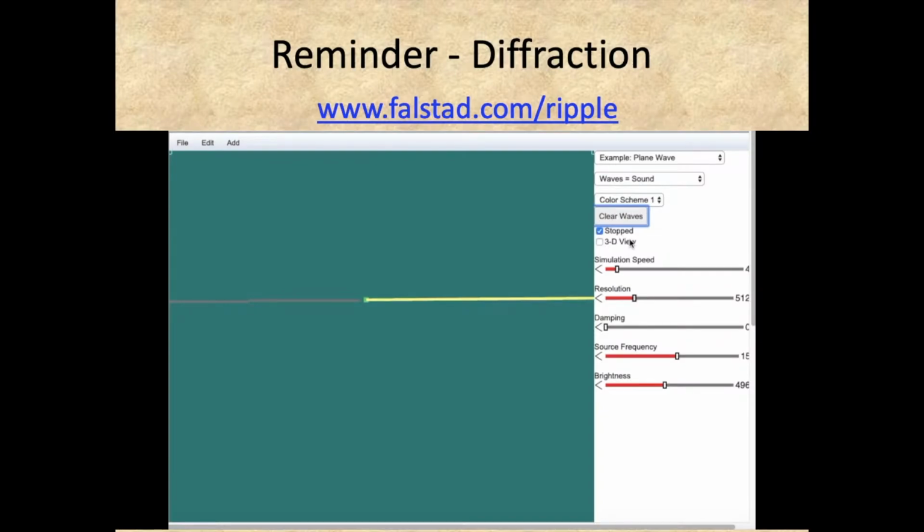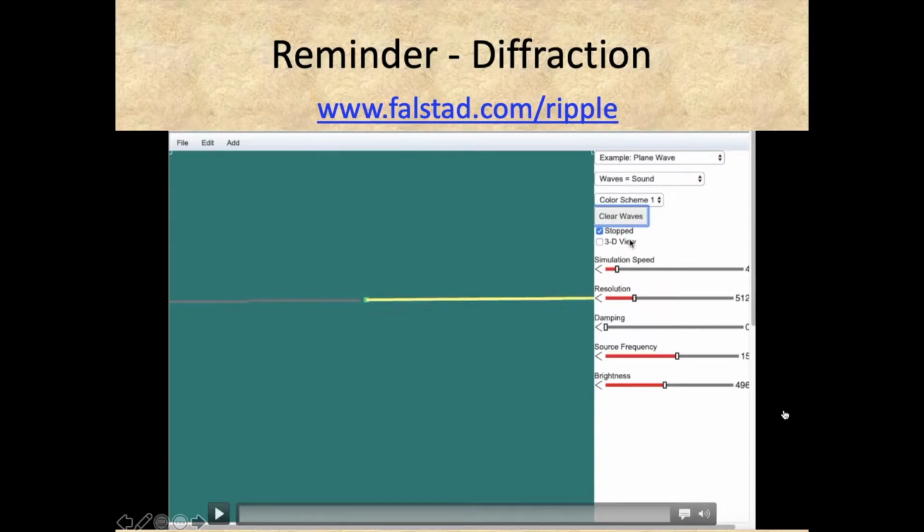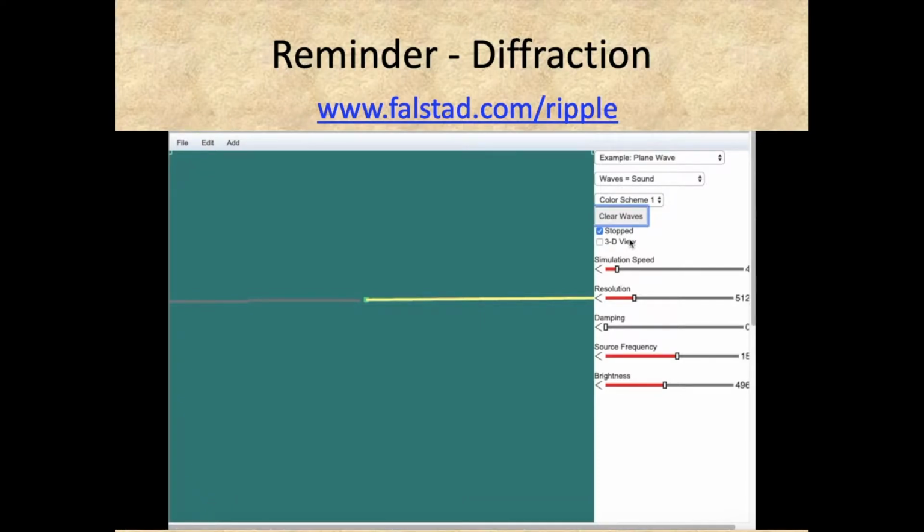So let's go. You will remember this from the diffraction lesson. I will use the same simulation and show you how the gap size matters. This is a wall here and a wall here. I'm going to send plane waves from the top. Without changing anything, I'm going to be changing the gap size. I'll make it bigger and bigger.